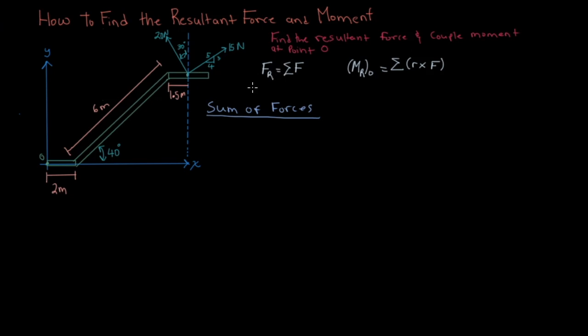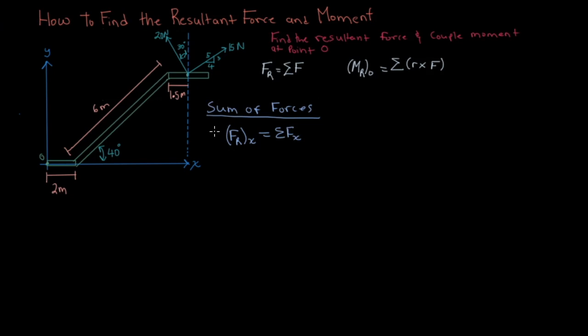To do this, we're going to get the resultant force in the x direction, and then the resultant force in the y direction, by doing the sum of forces. We know that the resultant force, which we'll call F sub R x, in the x direction is equal to the sum of forces in the x direction.